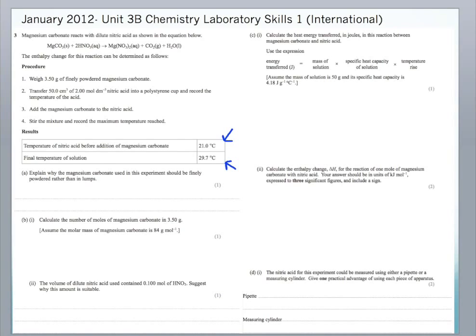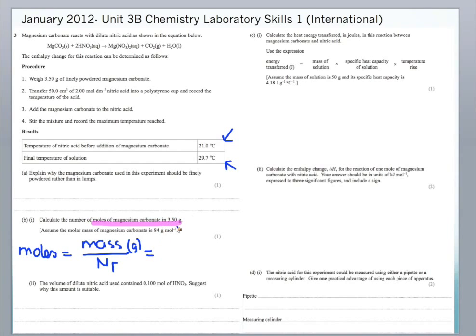Then we have B1: calculate the number of moles of magnesium carbonate in 3.50 grams. This is a calculation question. How do we do that? Well, from our calculations we know that to get the moles we need to divide the mass in grams by the molar mass.